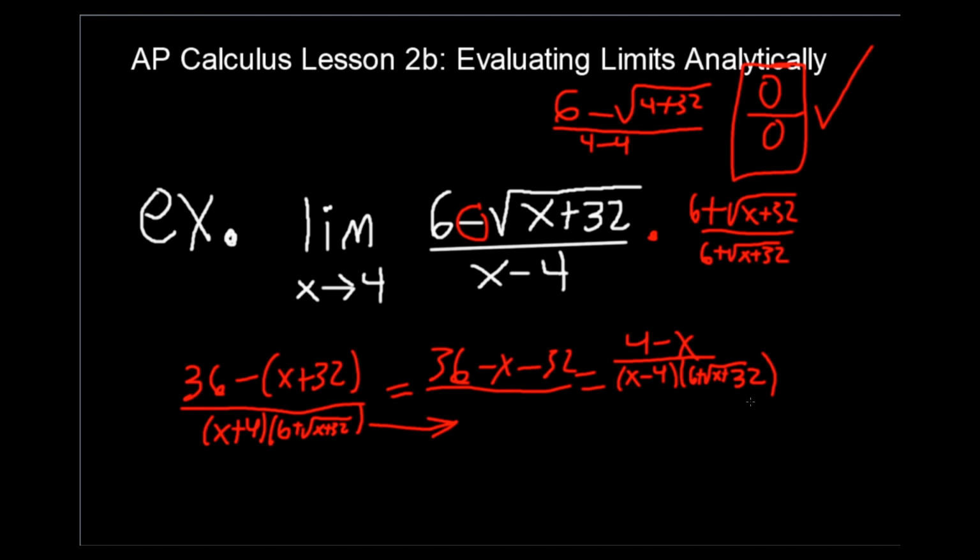Okay. So since you see that the x is negative and that the 4 is positive here, we can do a little bit of fun, as I like to call it, and we can take out a -1, and then that would just give us x minus 4. So this just switches the signs, and then gives us our x minus 4 that's present on the bottom.